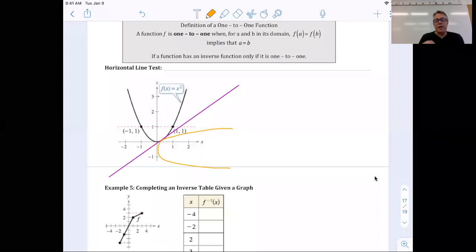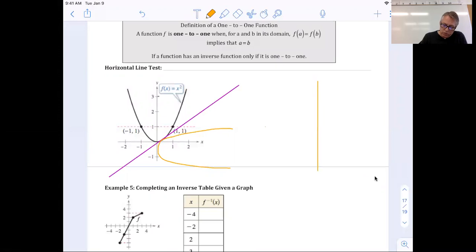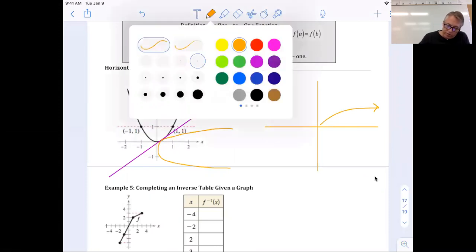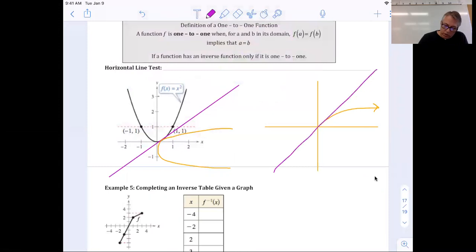However, if you have a function that is one-to-one, so for example, if we had the graph of the square root of x, that is a one-to-one function, passes both the horizontal and the vertical line test. Well, when we reflect that over the line y equals x, its reflection is also a function. So if it's one-to-one, the function and its inverse are also functions.